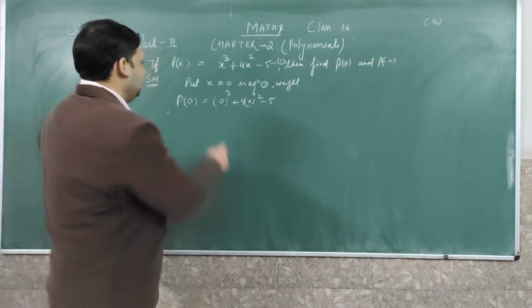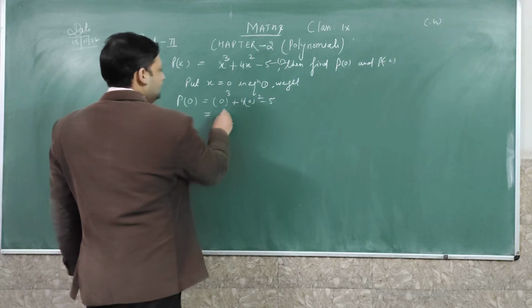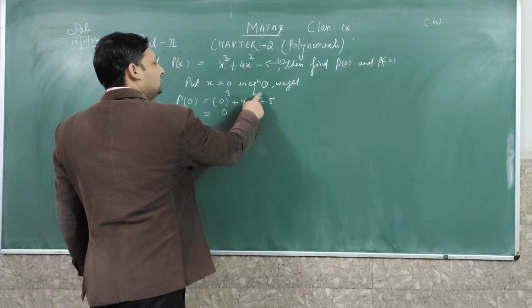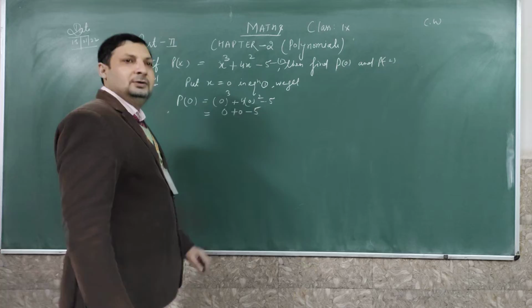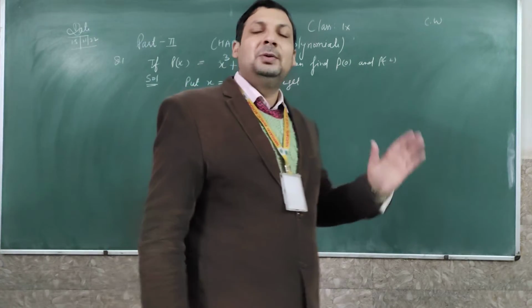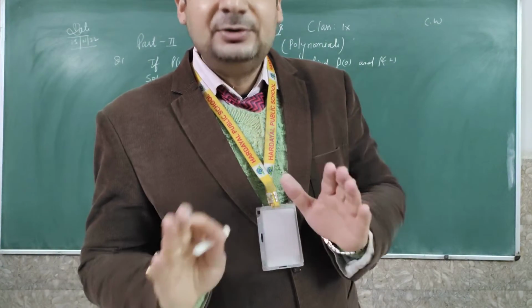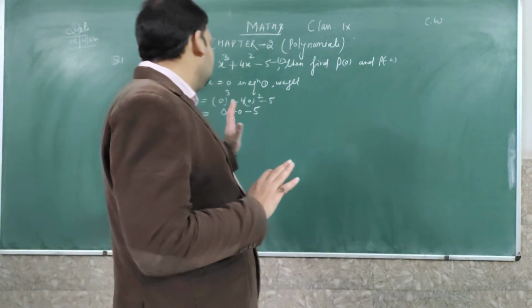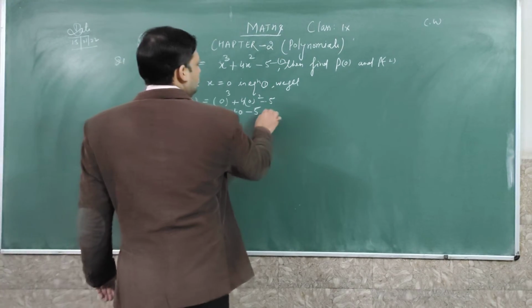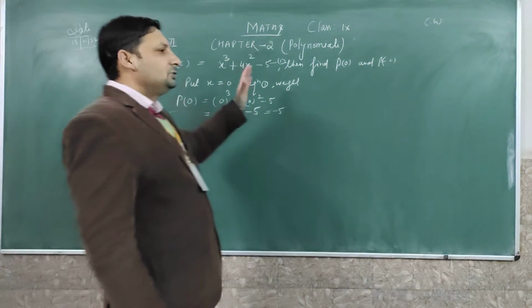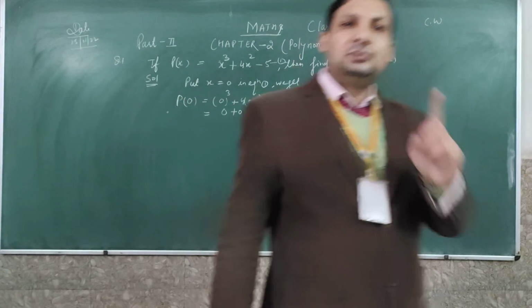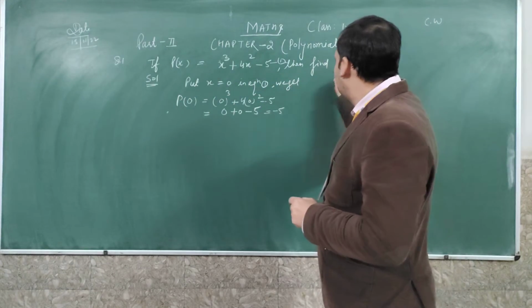When we solve, 0 to the power 3 is 0, 0 to the power 2 times 4 is again 0, and minus 5 stays the same. When we add or subtract 0, it has no effect. It means only minus 5 remains in the solution. In the first question we took x equal to 0 because we had to find p(0).